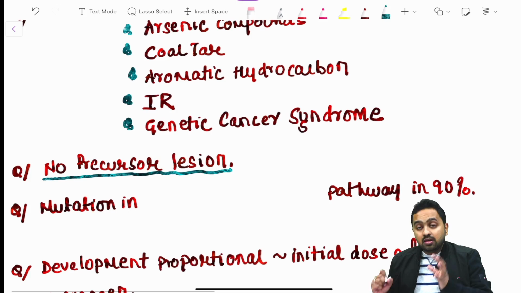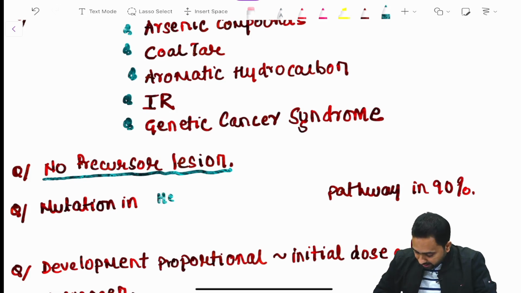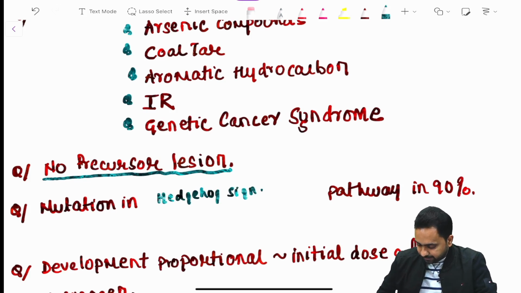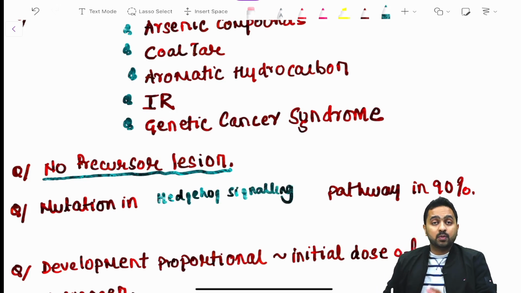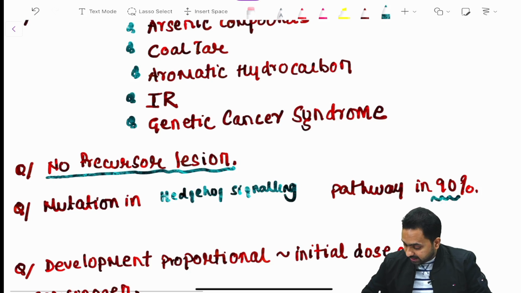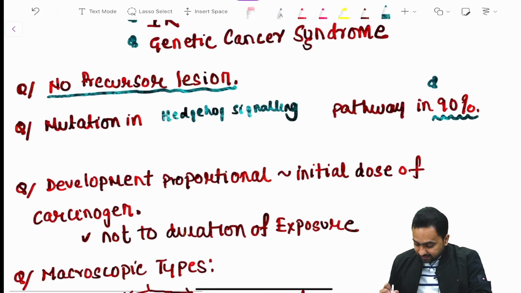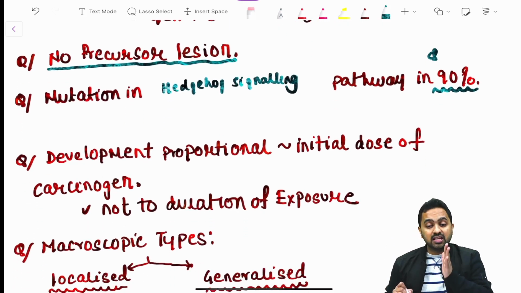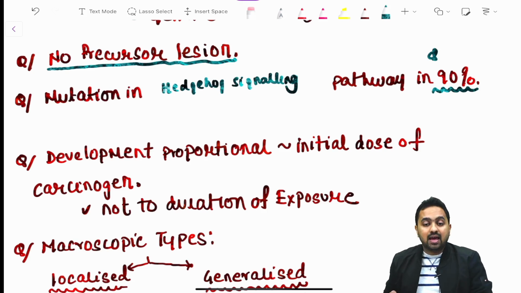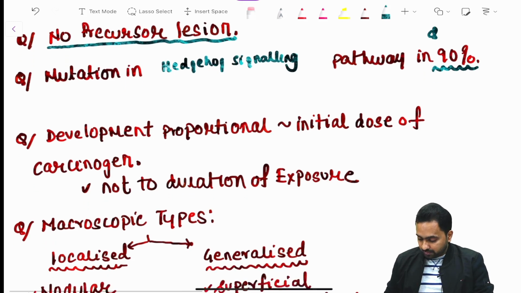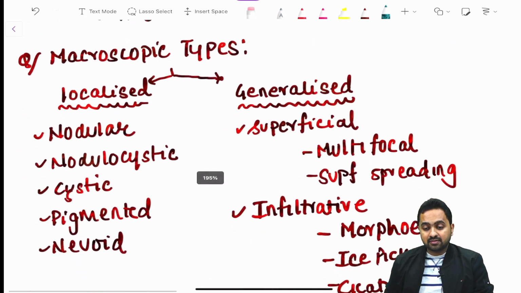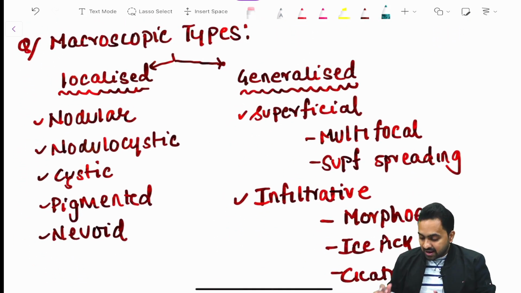Now, mutation in your Hedgehog signaling pathway occurs in approximately 90% of the patients, right? And the development is proportional to the initial dose of carcinogen, and it is not related to the duration of exposure.